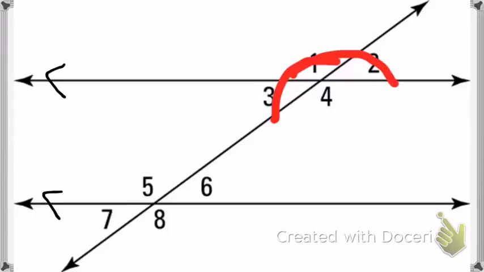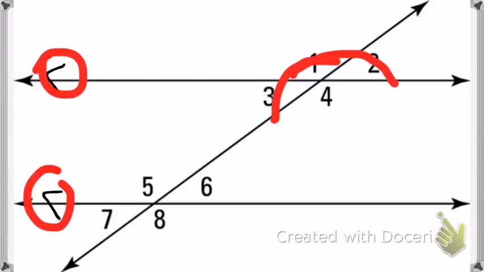Therefore, angle 2 is equal to angle 3, and the same proof can apply for angle 1 and 4 being equal, 5 and 8 being equal, and 6 and 7 being equal. So we know that our vertical angles are always equal to each other as long as these lines are parallel to each other.